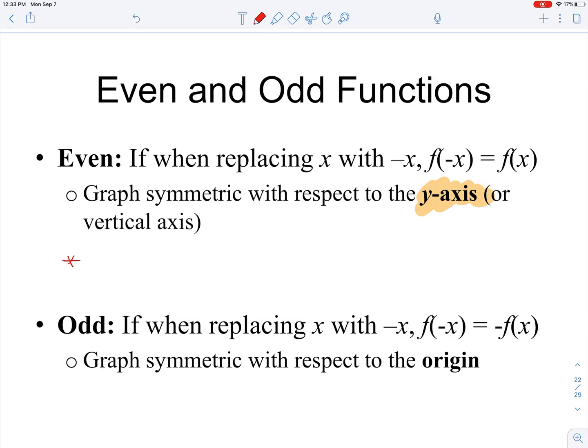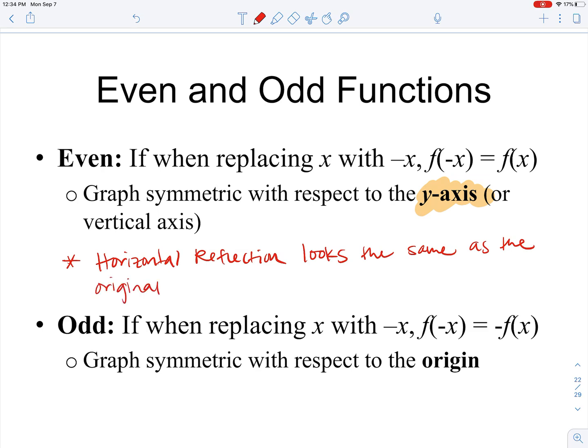Okay, so what this says is that a horizontal reflection looks the same as the original function.